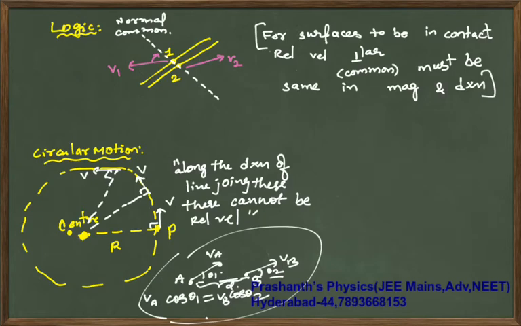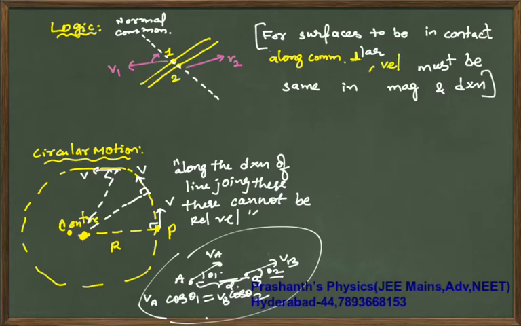So my point is, for surfaces to be in contact, along the common perpendicular, the velocities must be the same in magnitude and direction.